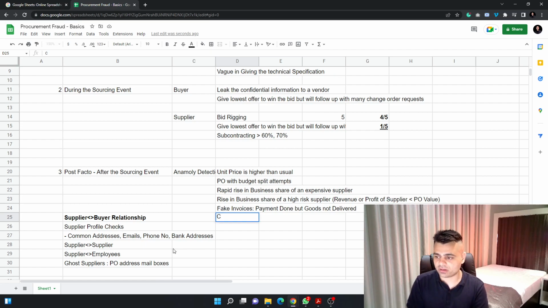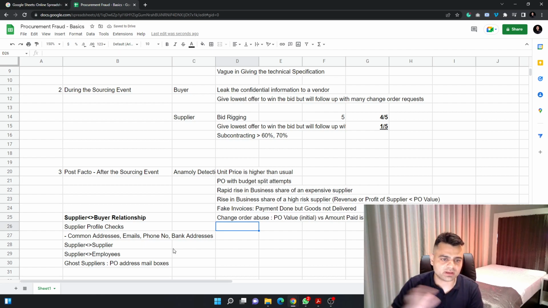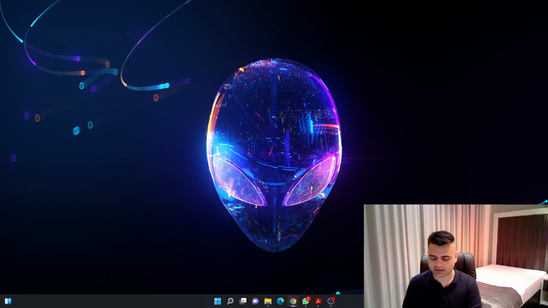The fourth or fifth or sixth, lost the count, is the change order abuse, which we spoke of earlier. The way we catch this is the initial PO value versus the amount paid is exceptionally high.